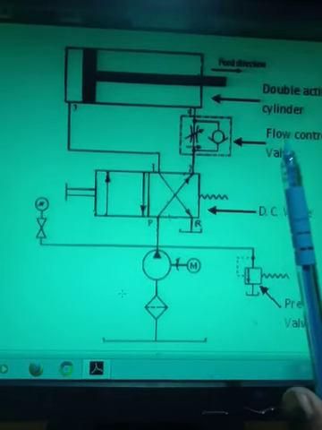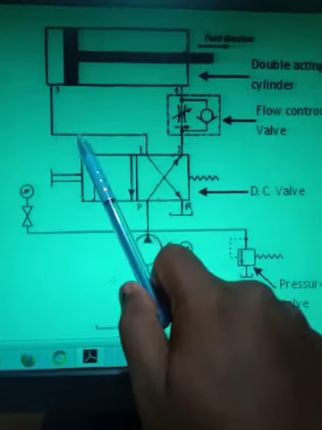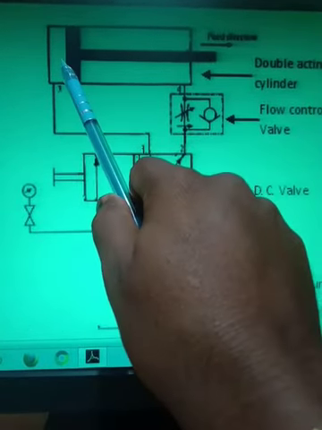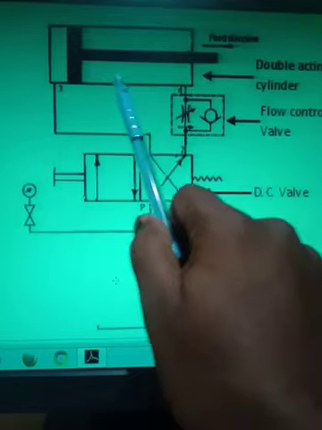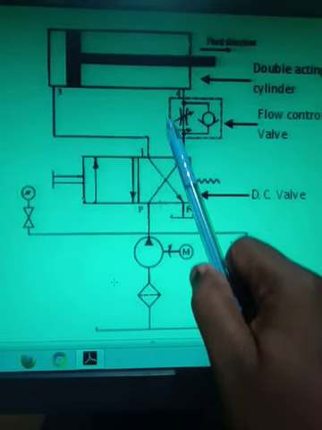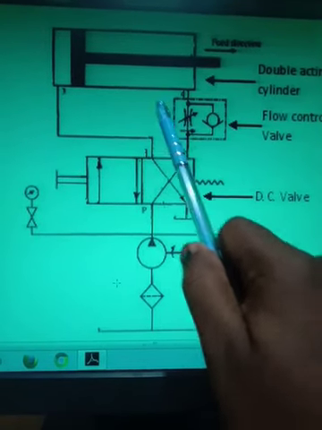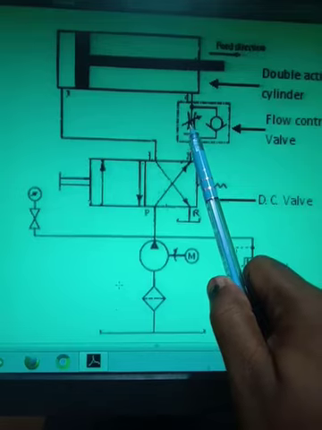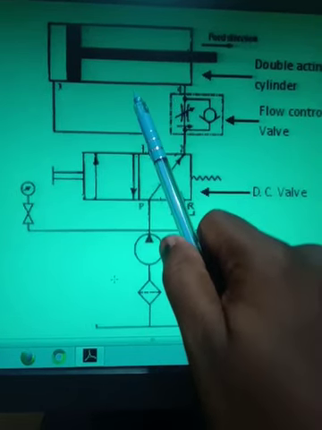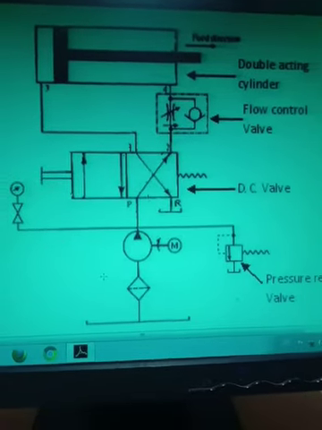You understand why the motion of the actuator will become slow? Because though from this side 100% of the oil is going in, the oil coming out of the actuator gets some restriction since I have provided the flow control valve. So it will not flow easily, it will have some resistance, and therefore the forward motion of the actuator will be slow.